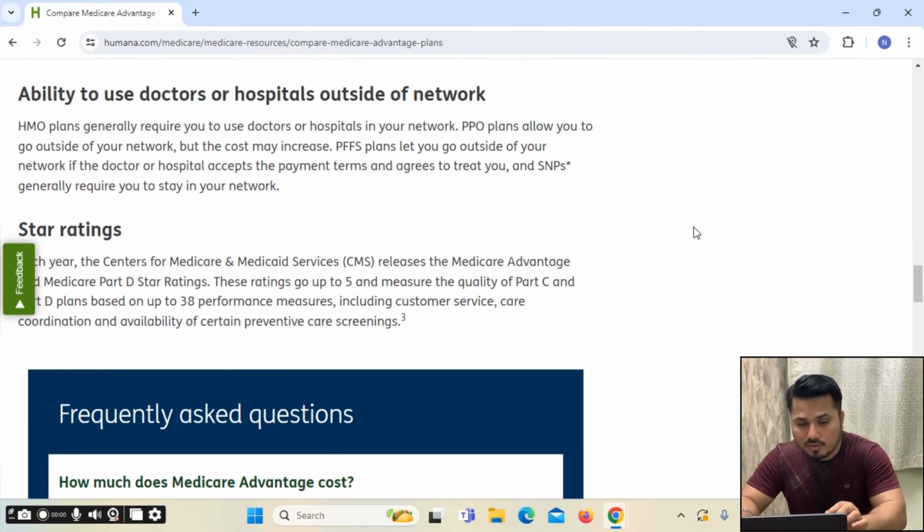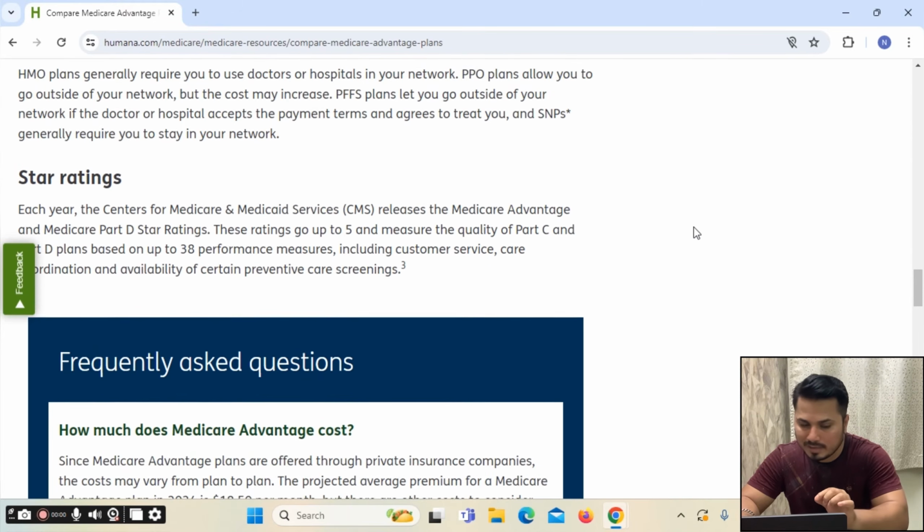HMO plans generally require you to use doctors or hospitals in your network. PPO plans allow you to go outside of your network, but the cost may increase. PFFS plans let you go outside of your network if the doctor or hospital accepts the payment terms and agrees to treat you. And SNP plans generally require you to stay in your network.